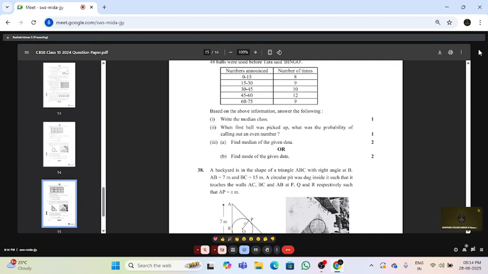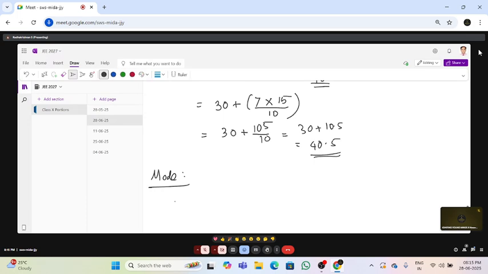Given this distribution, which frequency is highest? This 12 is the highest frequency. So this range is your modal class. Modal class equals 45 to 60.